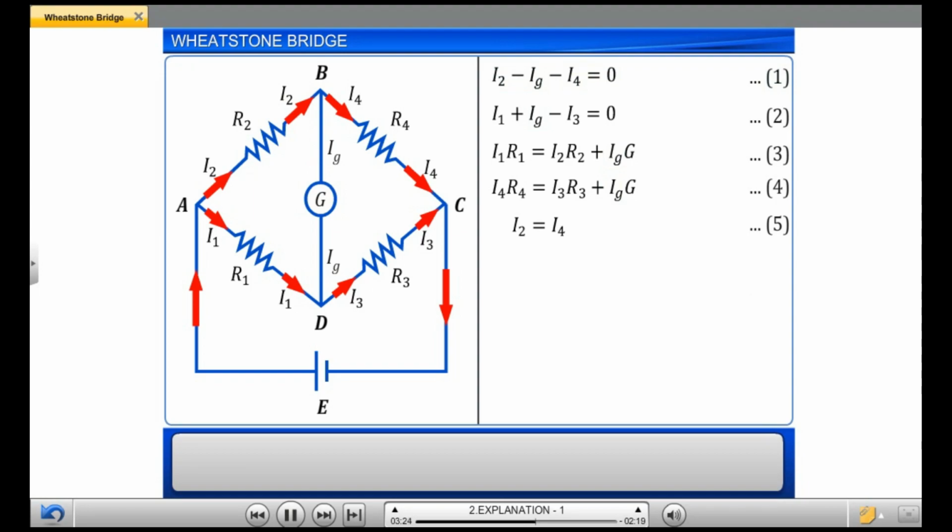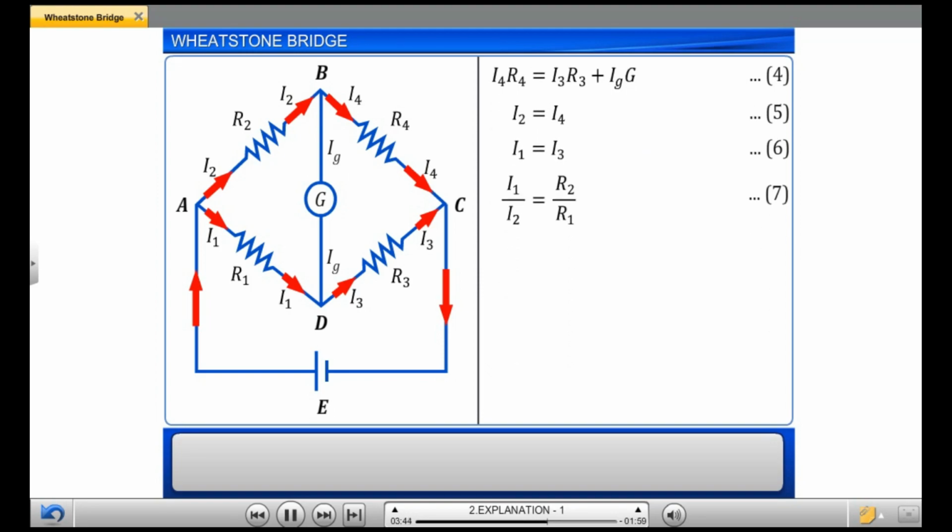Substituting IG equal to 0 in equation 2 and simplifying, we get equation 6. Substituting IG equal to 0 in equation 3, we get equation 7. Substituting IG equal to 0 in equation 4, we get equation 8.